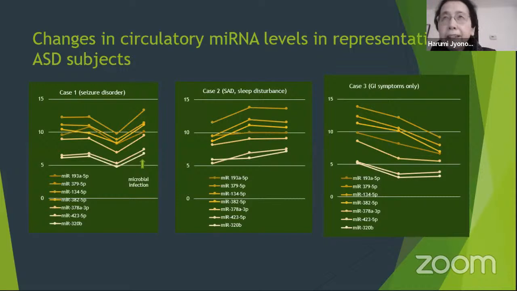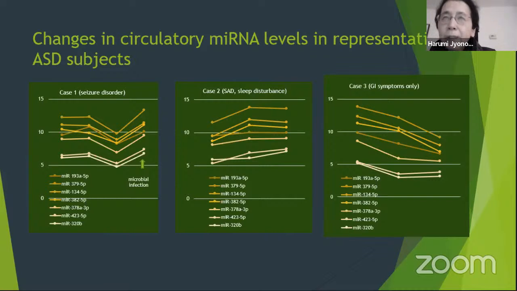There will be something problematic we need to look into. I was also fascinated with sleep. Patients who have a lot of sleep disturbance have very low levels, so we need to look into that association. These circulatory microRNA levels are not a good marker for autism diagnosis, but they may be a marker for neuroinflammation.